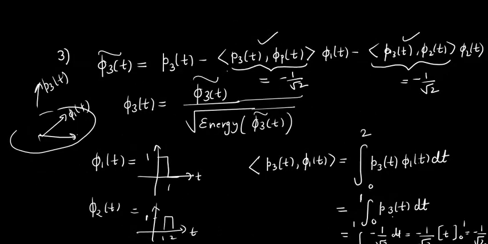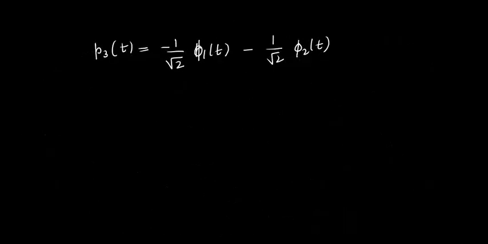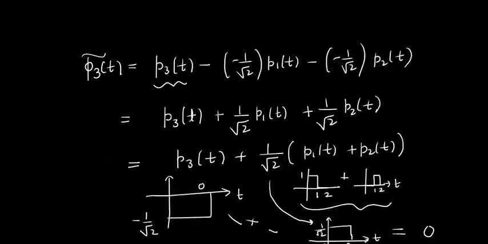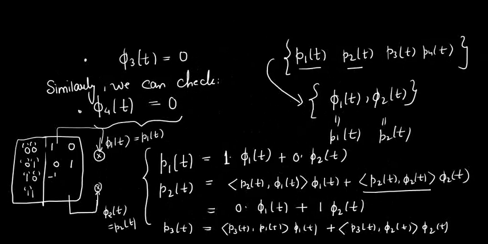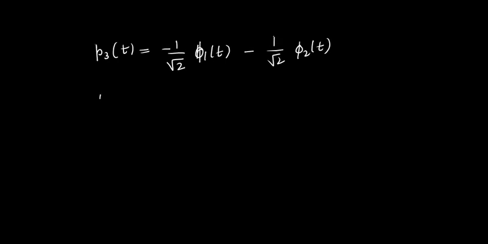Yes. So, now you can say this is minus 1 by root 2 and minus. So, in order to transmit 1 0, what you have to transmit is minus 1 by root 2 of phi 1t and minus 1 by root 2 of phi 2t. You understood? Now, you want to write P4t, you need to do this.